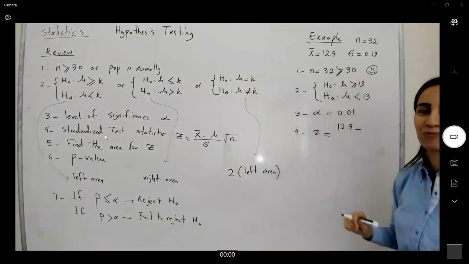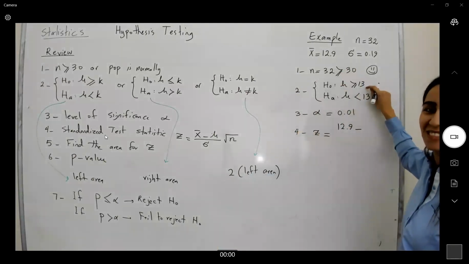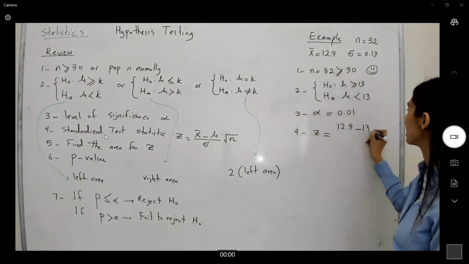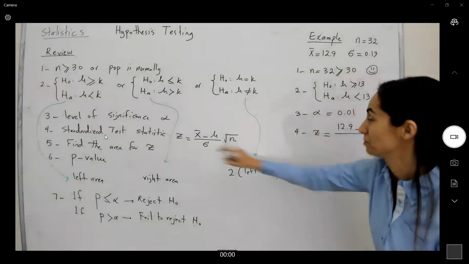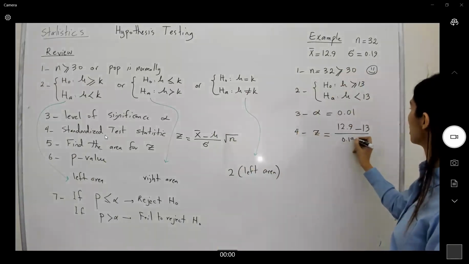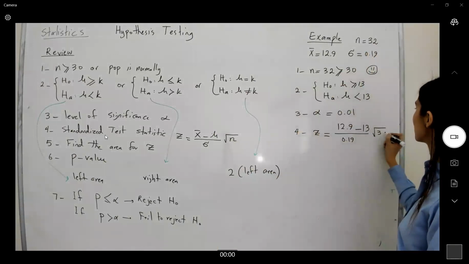What is mu? Mu is 13 seconds, divided by sigma 0.19 times square root of n, 32.